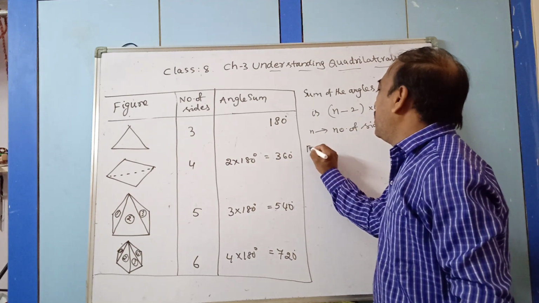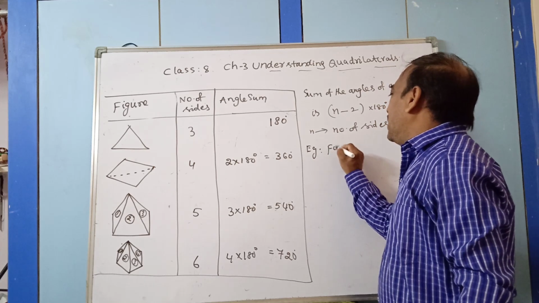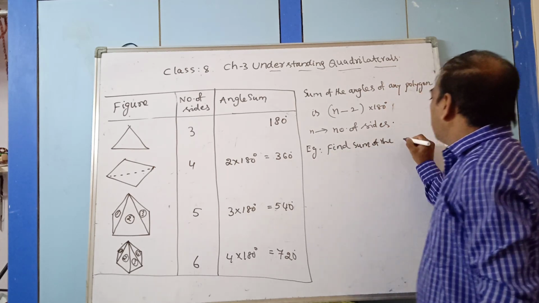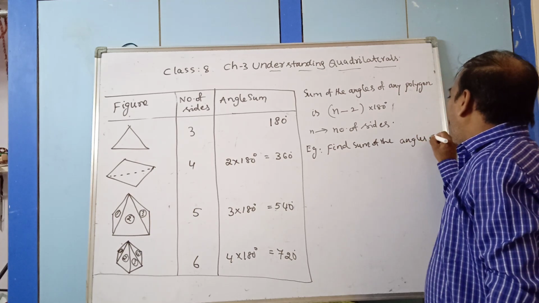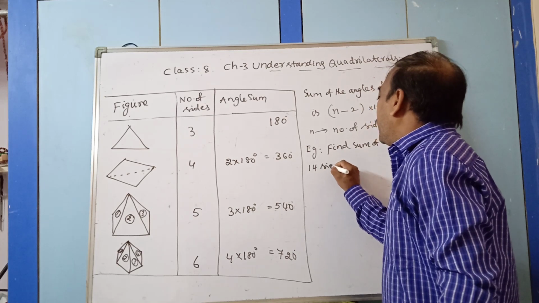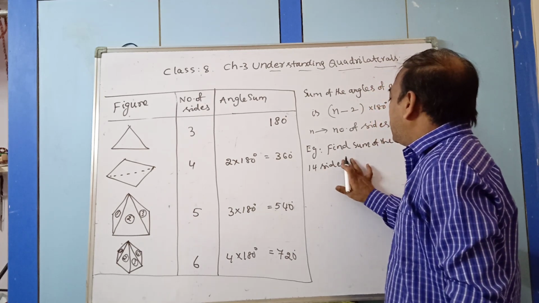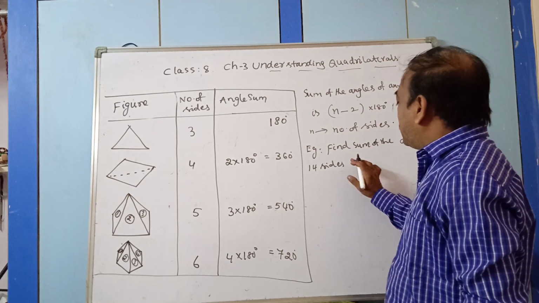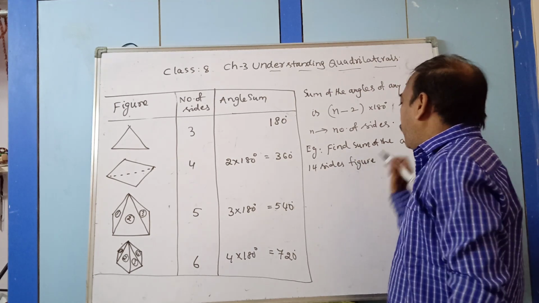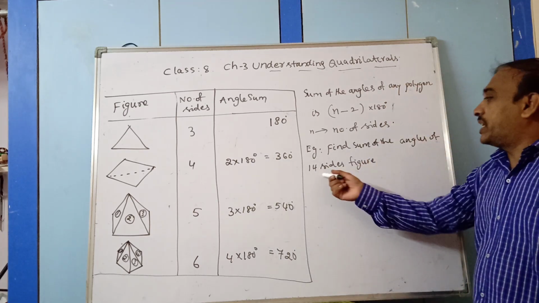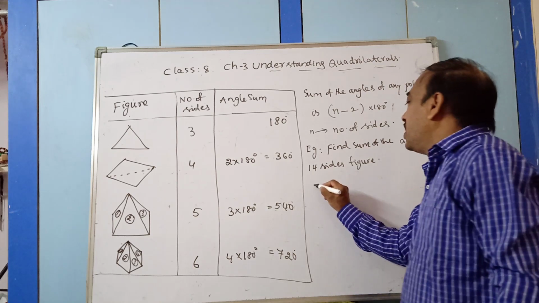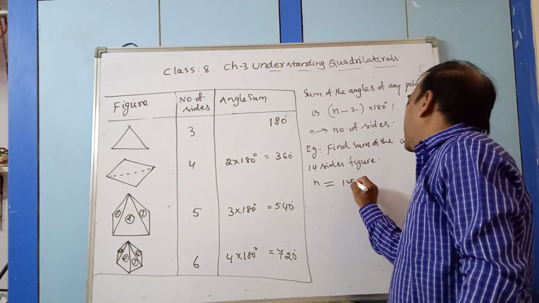Suppose, for example, find the sum of the angles of a 14-sided figure. A 14-sided figure means the number of sides n is equal to 14.